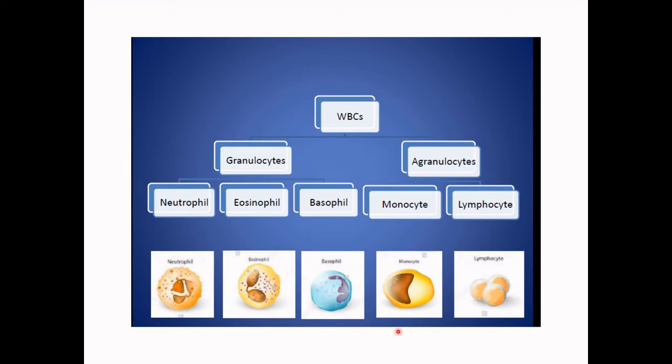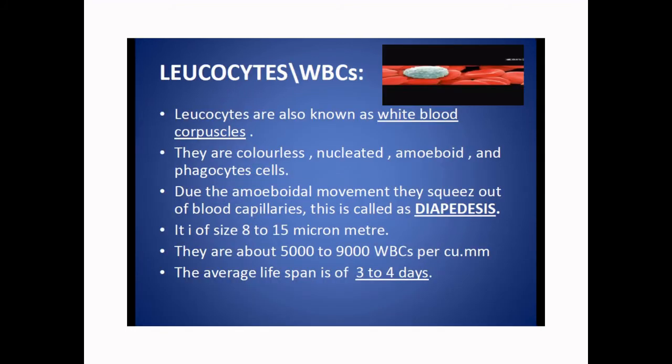Whereas in monocytes and lymphocytes, no such granules are there. So this is why these WBCs have been classified as granulocytes and agranulocytes. Now we will see one by one all of these cells.